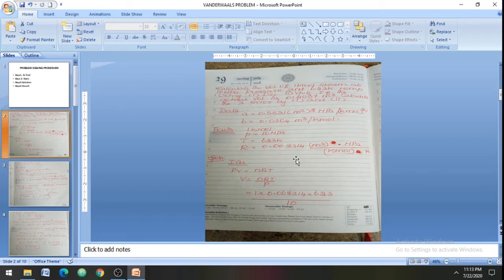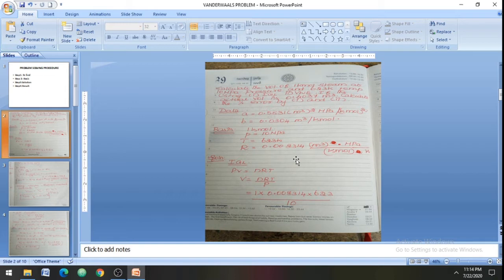If the actual volume is 0.4037 metric cube, calculate the percentage error for question number 1 and question number 2. Data: small a is equal to 0.5531 metric cube squared megapascal per kilomole square. B is equal to 0.0304 metric cube per kilomole.